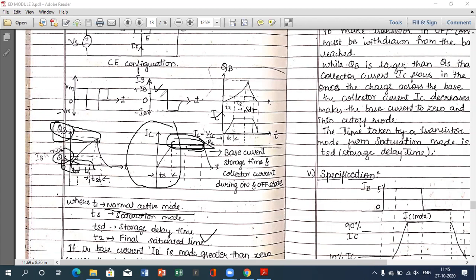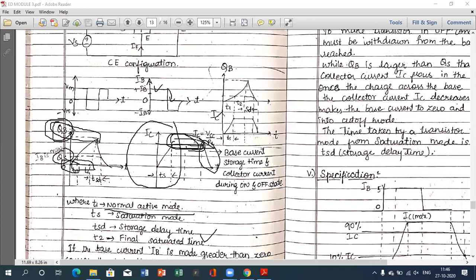Later, when the base current decreases from maximum to 0, as shown here, what happens? The collector current starts reducing and reaches 0. So when the base current is at maximum, the charge across the base is QB, and the transistor is at saturation, which we call the on state.